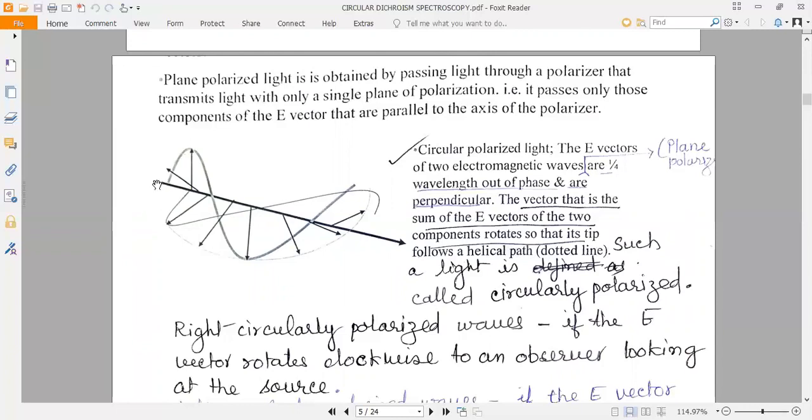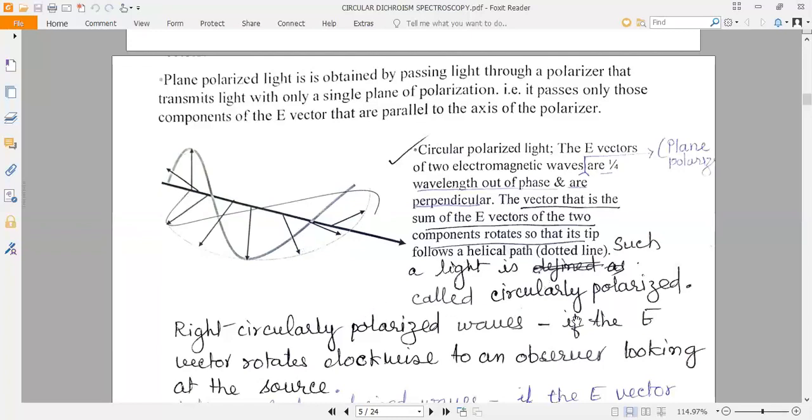And when both are moving simultaneously, then a third vector is generated, the tip of which will follow this dotted line. The sum of this vector and this vector will follow this dotted line. So this is the effective direction of movement of the sum of two waves.